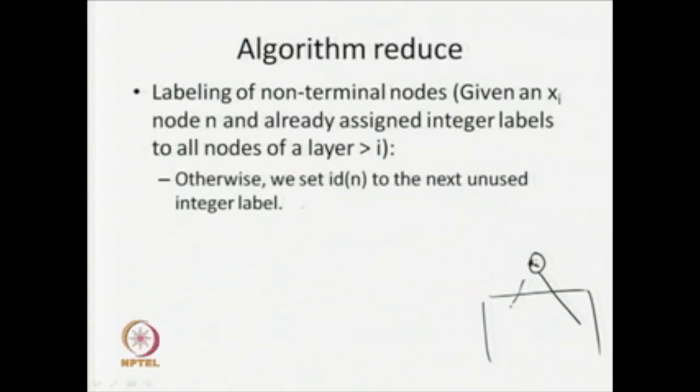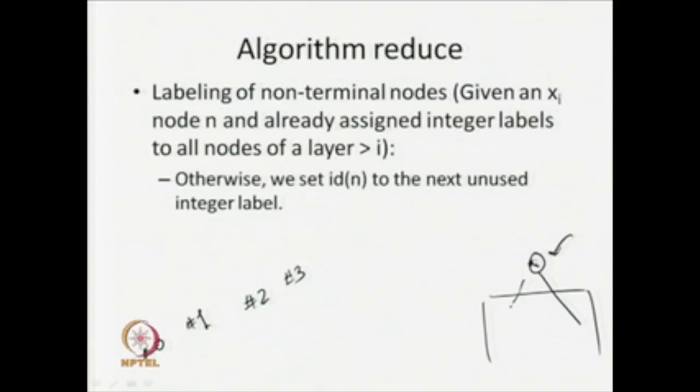Otherwise, we set ID of n to be the next unused integer label. Starting with integer 0 for the 0 node, then integer 1, then if they are not equal, I go to the next unused number 2, then the next unused number 3, like that. So, if it is not following the two rules that we have already mentioned, then set ID of n to be the next unused number.